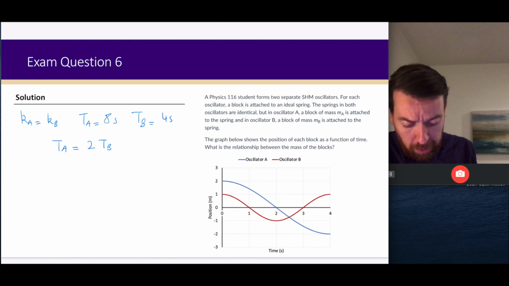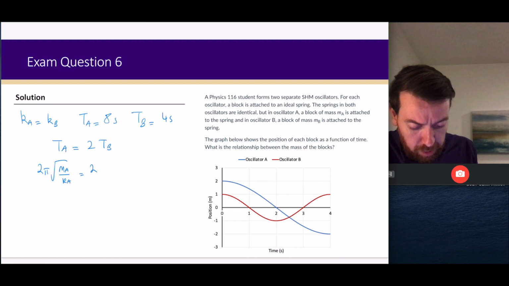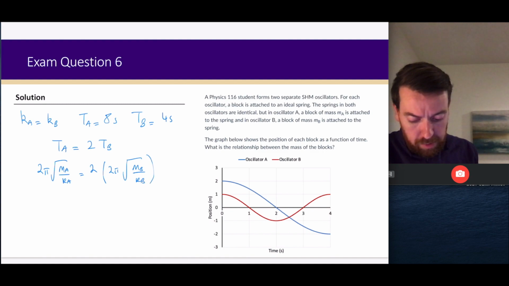We can write the period of A as 2 pi times the square root of Ma over Ka, which is equal to 2 times, keeping the parentheses there, 2 pi square root of Mb over Kb. Now we can make some cancellations. We can cancel out the 2 pi's on both sides.